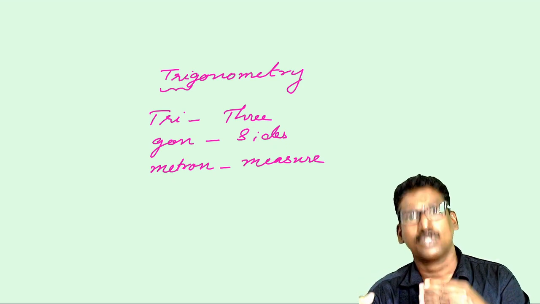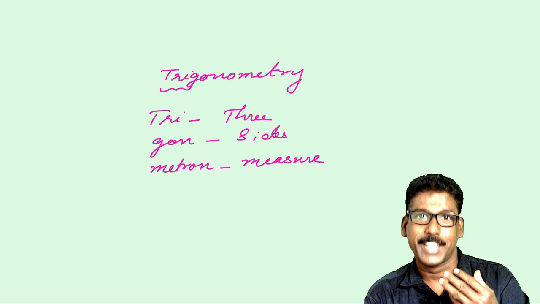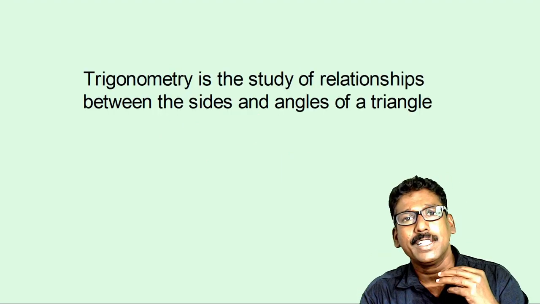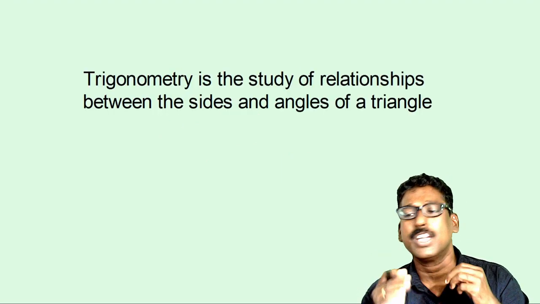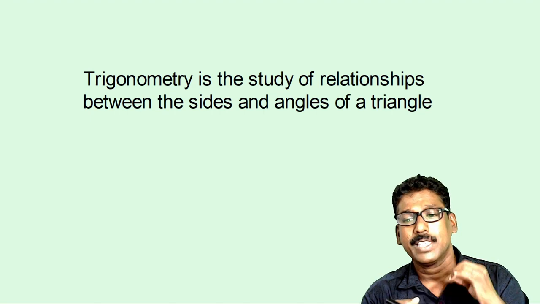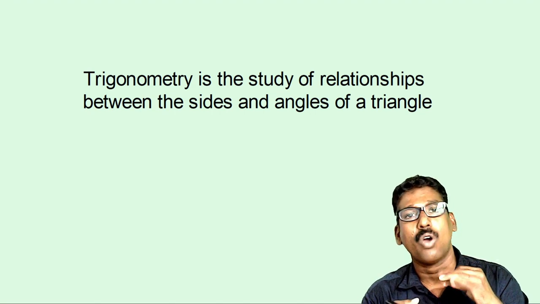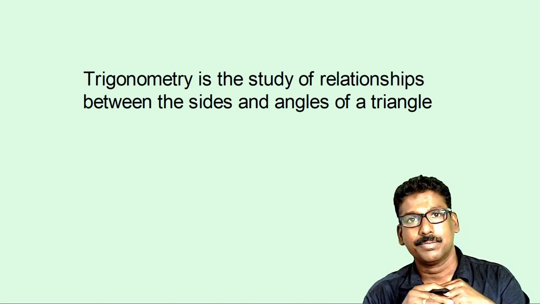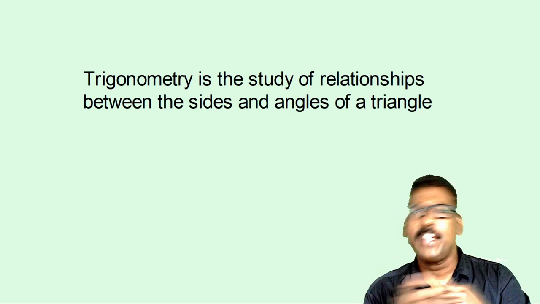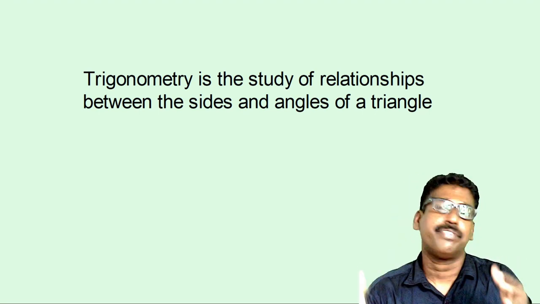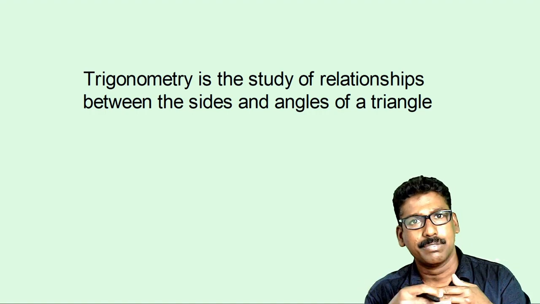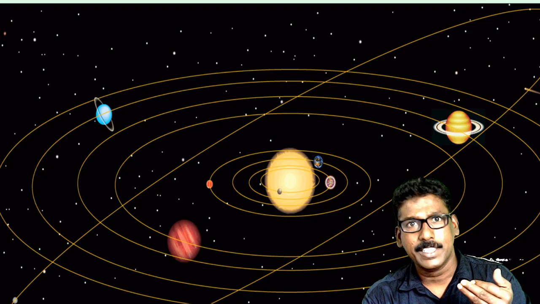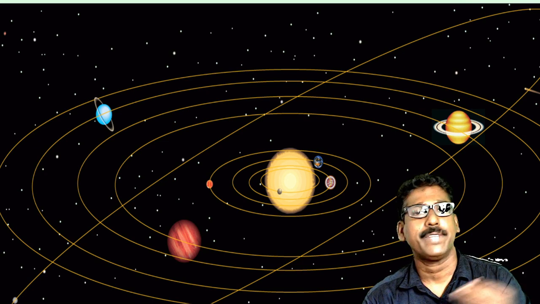So we can define trigonometry as the study of the relationship between the sides and angles of a triangle. Trigonometry is widely used in every field of our day-to-day life, such as in astronomy to find the distance between the stars.